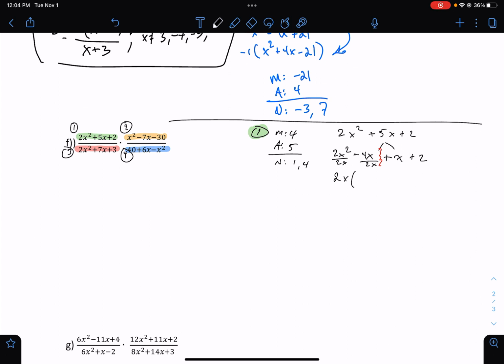So we get x, that's all that's left, plus 2. Plus, what can I remove from the other half of this equation? Evie? Just 1. They're both divisible by 1, so you can remove 1, no problem. Plus 1 times x plus 2.